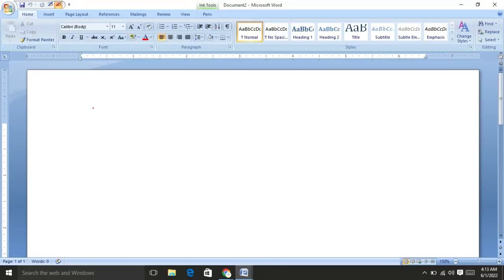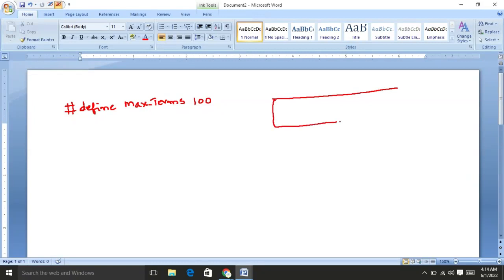So for that reason, I am going to write hash define max term, or max size, or maximum terms, because terms is the number of terms in the polynomial, equal to 100. That means this array can store 100 terms of a polynomial.